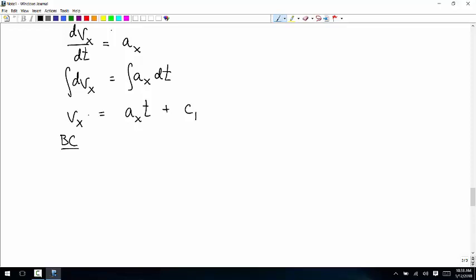The boundary condition says when time is equal to 0, vx is equal to v0x. So this constant v0x is equal to ax times 0 plus c1. So that c1 is equal to v0x.